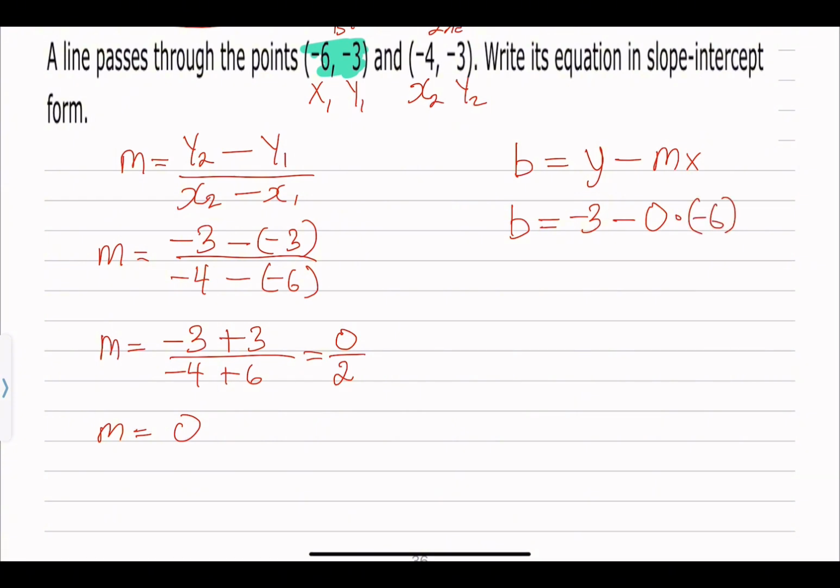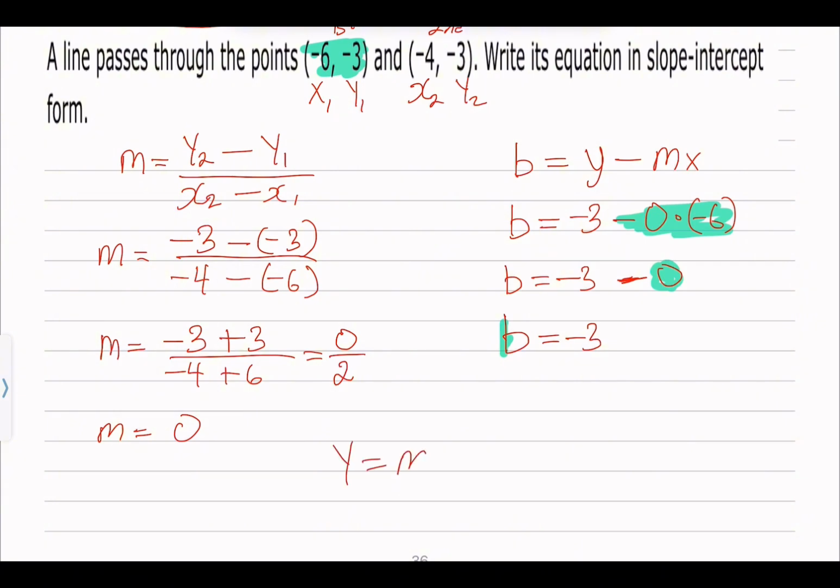If you follow PEMDAS, 0 times any number is 0. So this is negative 3 minus 0. Am I making sense here? Since 0 is neither positive nor negative, it's just going to be negative 3.